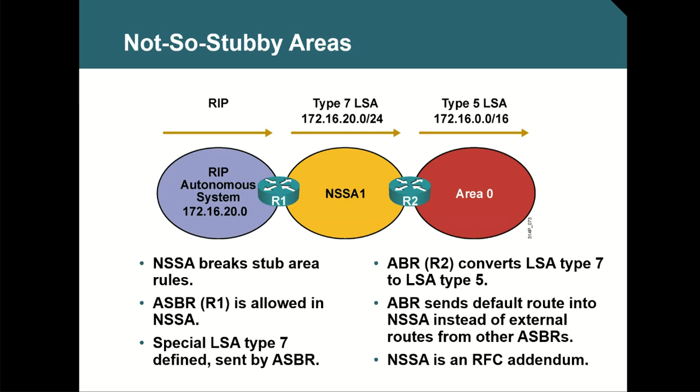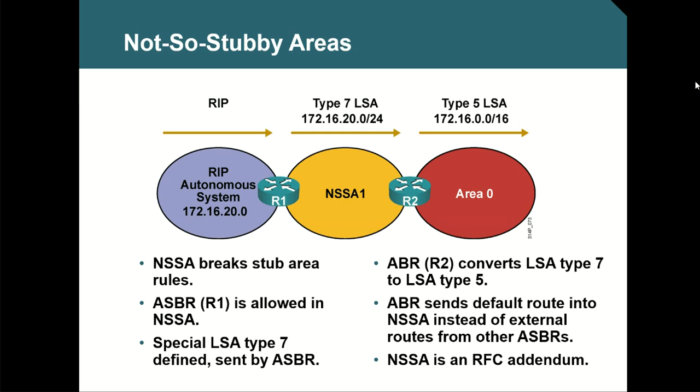Type 5 is denied. Type 4 is denied. But local ASBR type 5 is now converted as type 7. So you will have routes given by local ASBR.